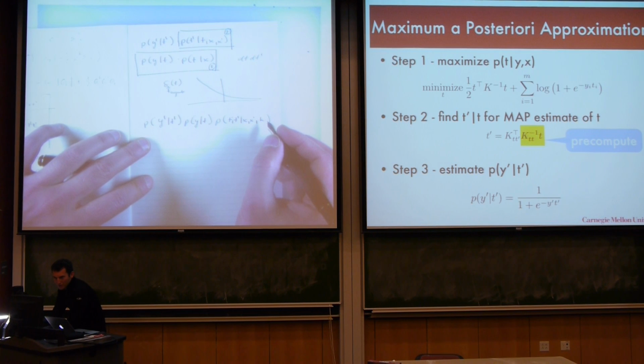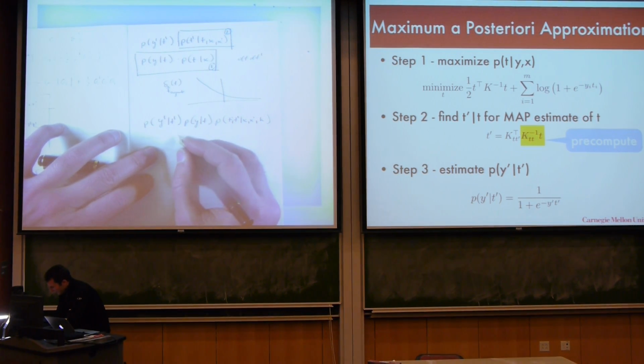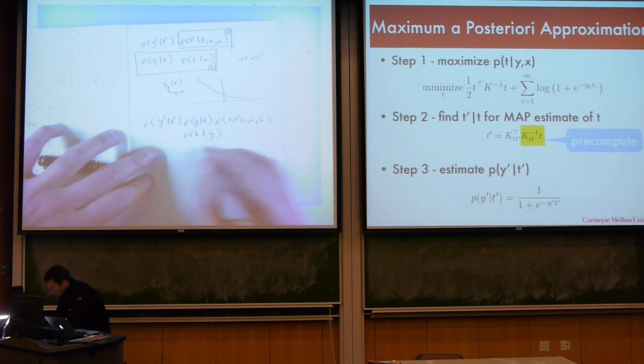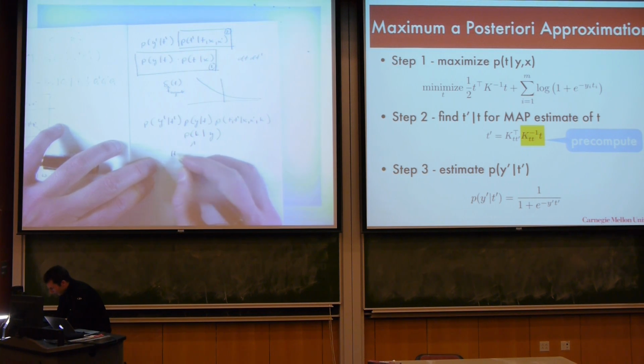K is, for instance, our kernel in this case. And now what's missing from this is we also have a P of k given some other parameters, let's call them eta.